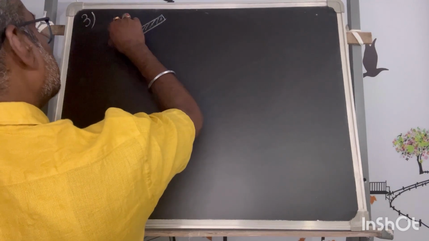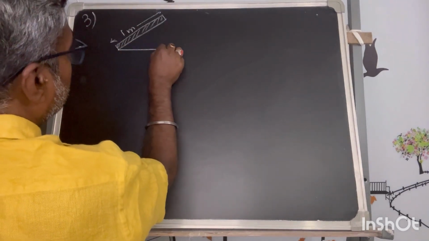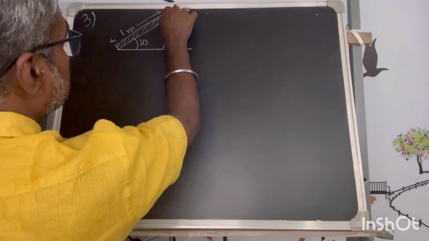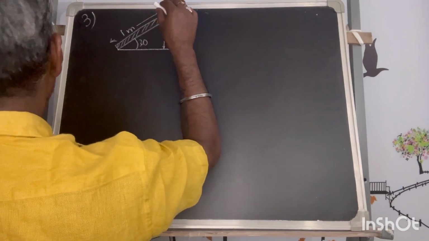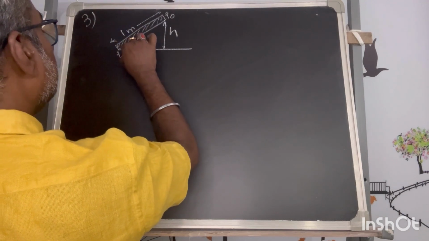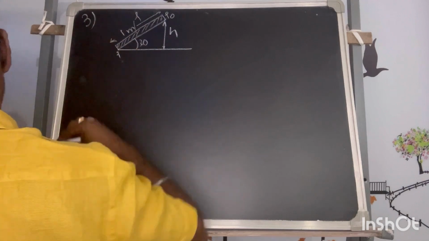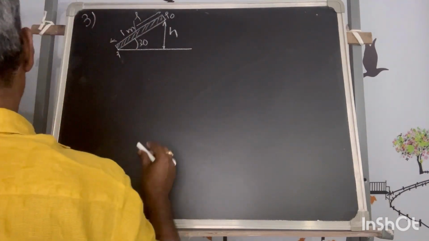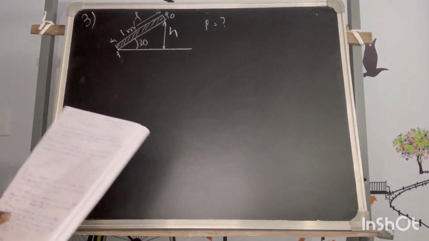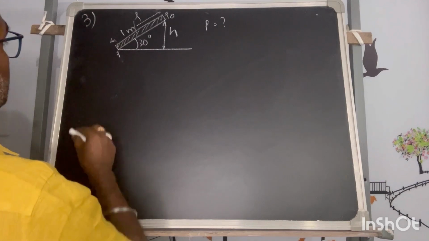Let's say this is 1 meter, inclined to the surface at 30 degrees. Its height is given as h. P0 is the pressure denoting atmospheric pressure, and this is P. The density of the fluid inside is rho. Now I have to find P. Nothing else is given.